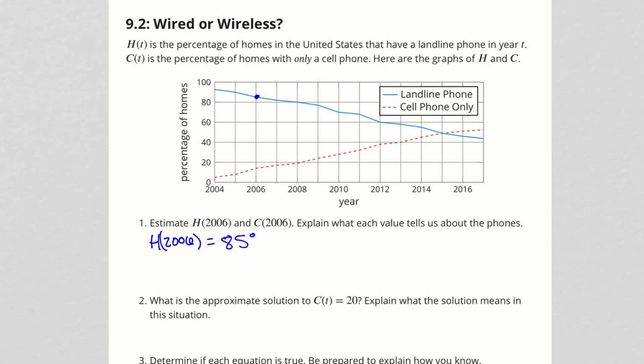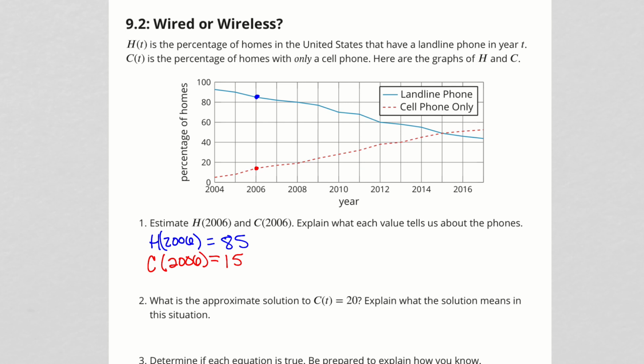And then C, so homes with only cell phones in 2006. So C of 2006, what do you guys think that is approximately? That would be about 80, 82. Wait, what? 15. About 15%.